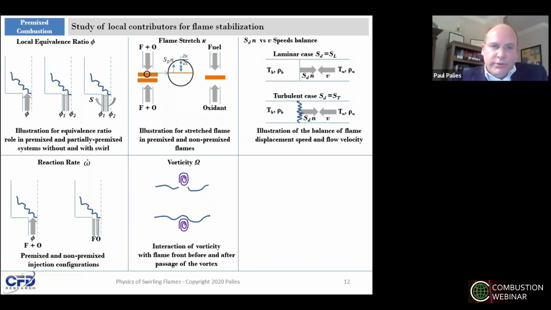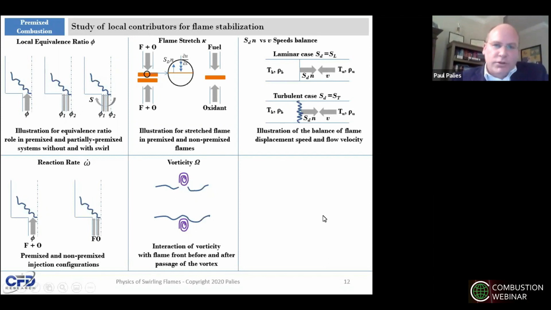So these local contributors that I illustrated on the previous slide, we can look at them a little bit more. They have been widely studied in the literature, and so for the local equivalence ratio, here I depict 3 different cases: a fully premixed flame with a given equivalence ratio without swirl, a stratified flame where you have 2 streams of different equivalence ratio, and a stratified flame with swirl, the latest case, which will create a region of inhomogeneous equivalence ratio.